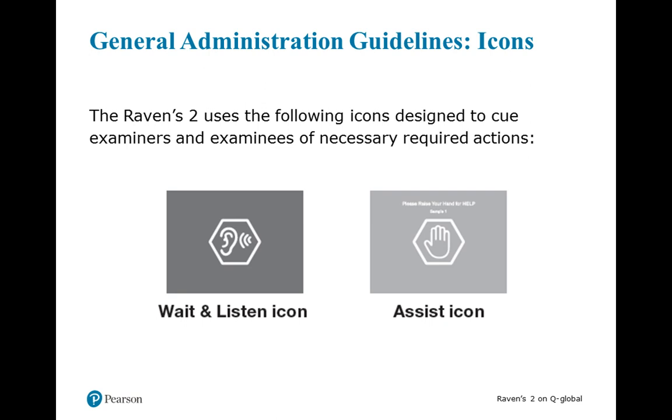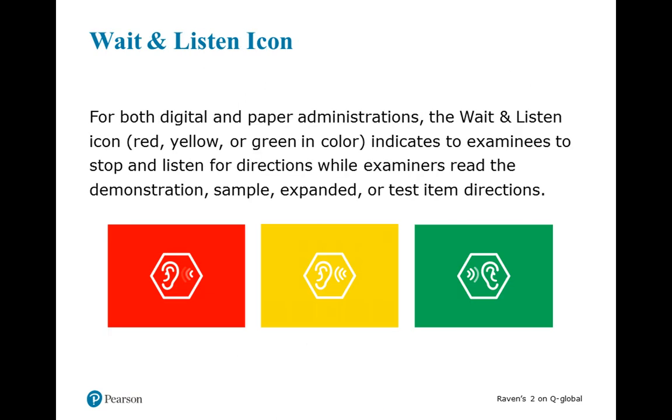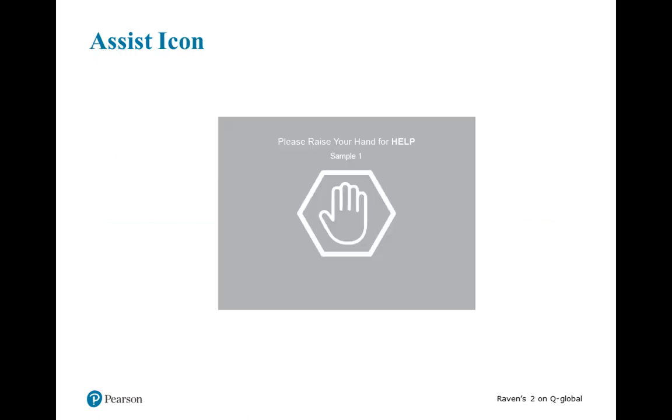The Ravens 2 uses several icons that are designed to cue examiners and examinees of necessary required actions, and here are two. This is the Wait and Listen icon and the Assist icon. For both digital and paper administrations, the Wait and Listen icon, which appears in red, yellow, or green, indicates to the examinee to stop and listen for directions while examiners read the demonstration, sample, expanded, or test item directions.